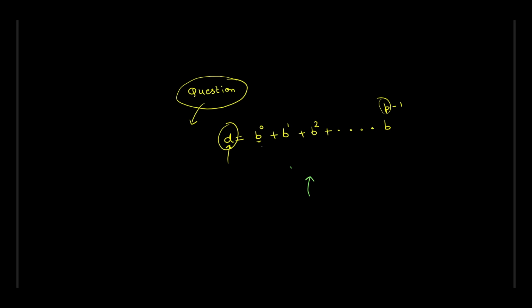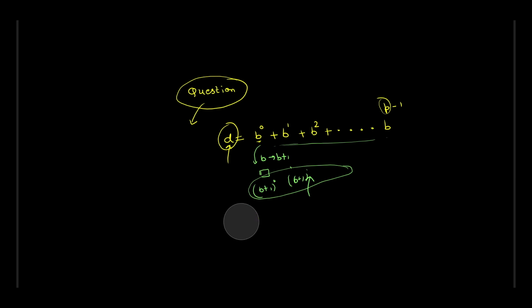Because if you increase b to b plus 1, then each term will be greater, so if you write down this same expression with b plus 1 to the power 0, b plus 1 to the power 1, etc., then each term is greater, which means that this value itself will be greater. So this function cannot have two b's that provide the same d, right? So that clears the fact that a b can be uniquely determined from this expression.